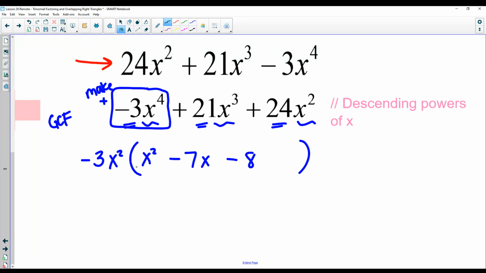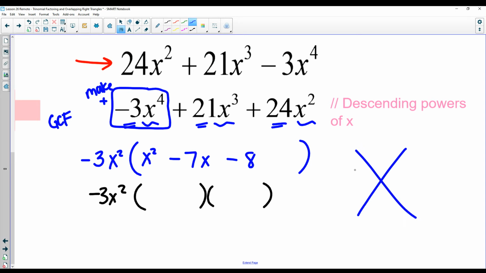All right, so we have the remaining quadratic here that we're going to factor. We're basically unfoiling, right? Drop down that GCF, negative 3x squared. That can stay, but we're just going to ignore it for now and focus on the remaining quadratic. Okay, so what do we need? We need a product of negative 8.